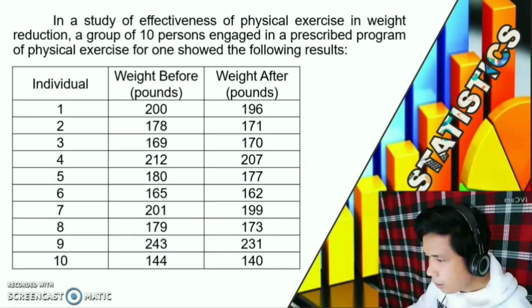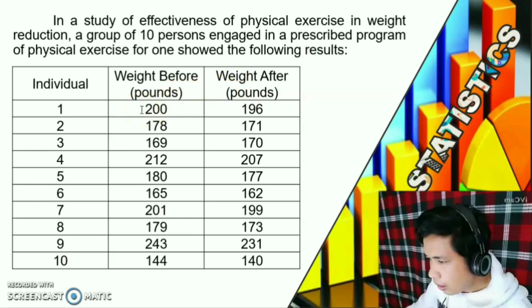In a study of effectiveness of physical exercise in weight reduction, a group of 10 persons engaged in a prescribed program of physical exercise for one month showed the following results. We have the individual on the first column. On the second column, we have weight before expressed in pounds. And on the third column, we have weight after expressed also in pounds.